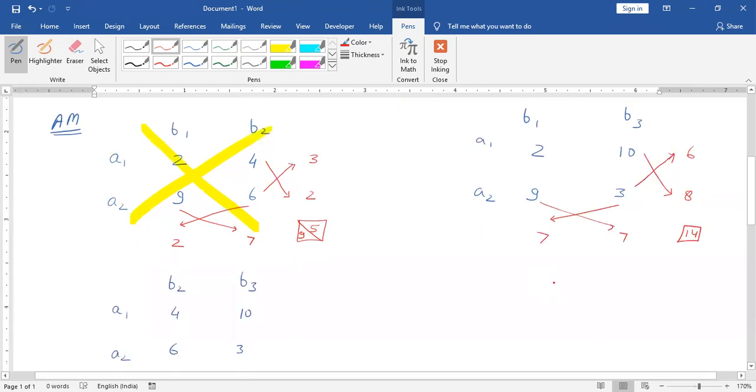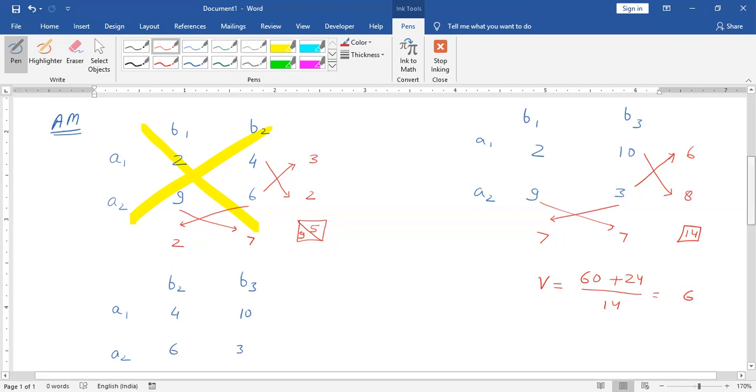V equals 6 into 10, that is 60, plus 8 into 3, that is 24, divided by 14. So 60 plus 24 is 84, divided by 14 is equal to 6. 14 is the total of the differences. So the value of the game of this matrix is 6.